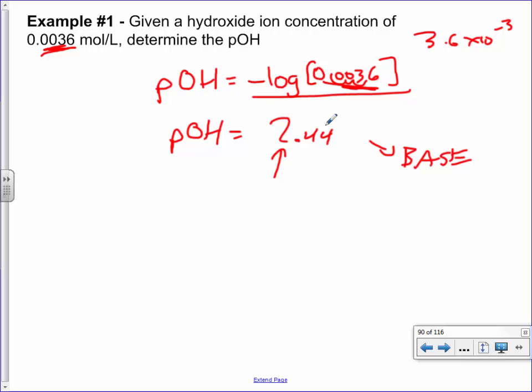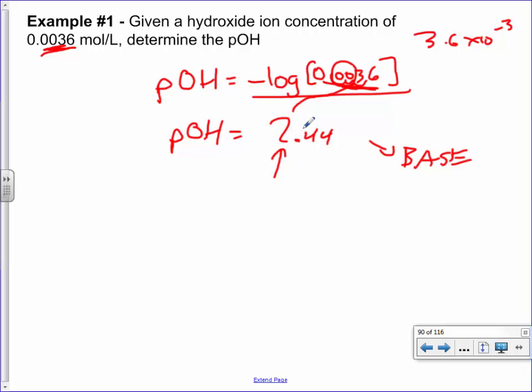And I actually have a good reason why. This 2 right here essentially is telling you how many zeros there were right here. There were 2 zeros right there. Did these zeros count as sig digs? No. So therefore, this 2 before the decimal place does not count as a sig dig.